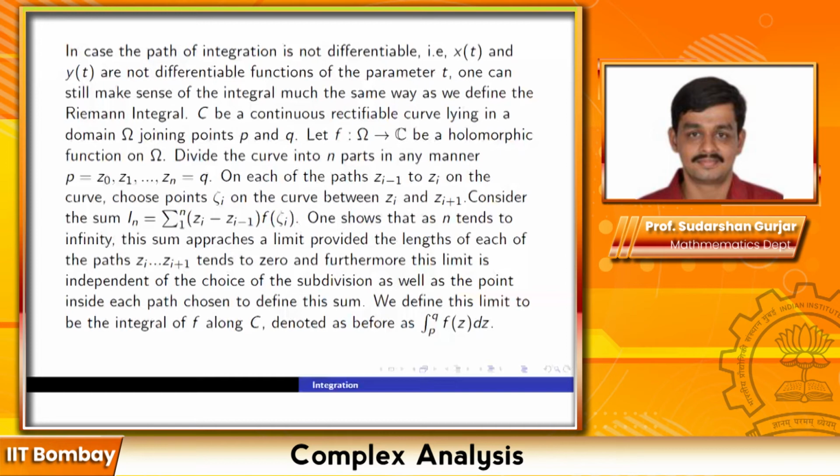This limit is independent of the choices of subdivision as well as the point chosen inside each path to define the sum. So you just choose any set of points z0, z1 up to zn and keep increasing the points so that the length of the arcs between z_{i-1} and z_i goes to 0 eventually, multiply (z_i - z_{i-1}) by the value of the function at any point in between, sum over i, and take this limit as the number of points goes to infinity.